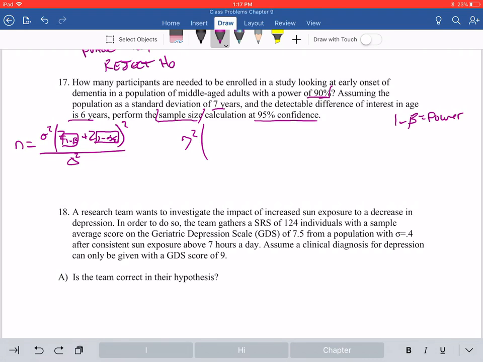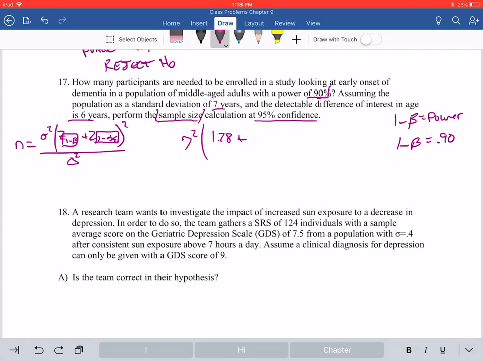If we know our power is 90%, so 1 minus beta equals 0.90, then z of 1 minus beta is just the z of 0.90, which if you go to the back of the book and look up your z of 0.9, you're going to get a value of 1.28. It's not negative.